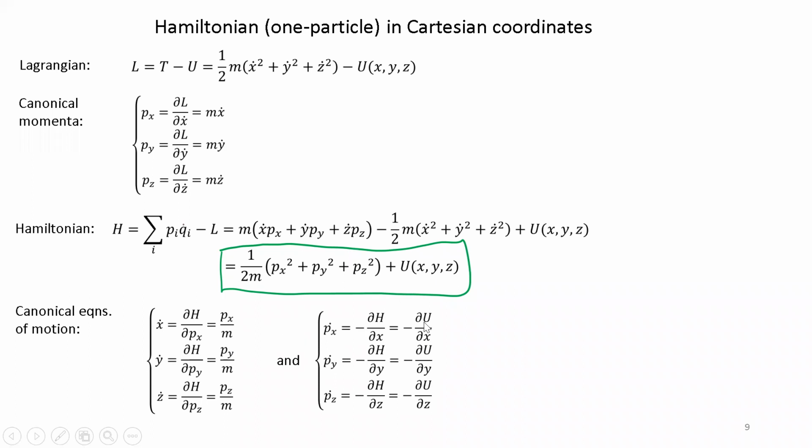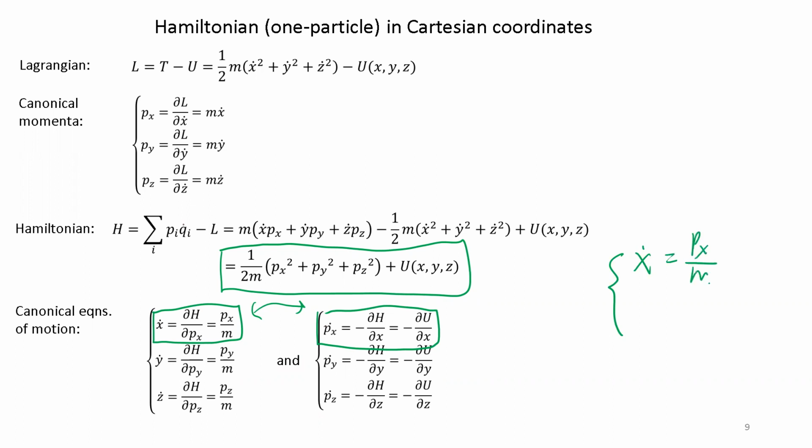So what is this minus partial u partial x? It is the force, the x component of the force. Similarly, the y component of the force. So let's just look at the x component, for example. x dot equals px divided by m. px dot equals minus partial u partial x.